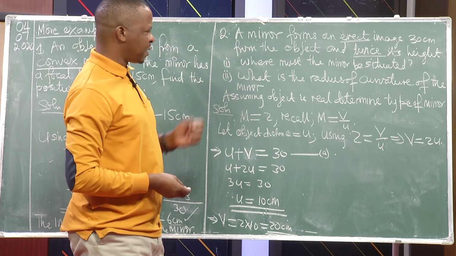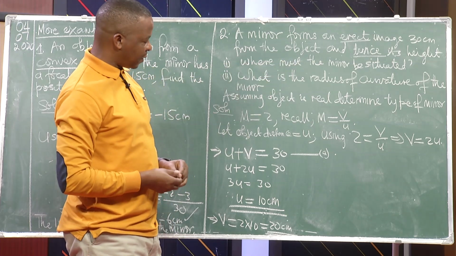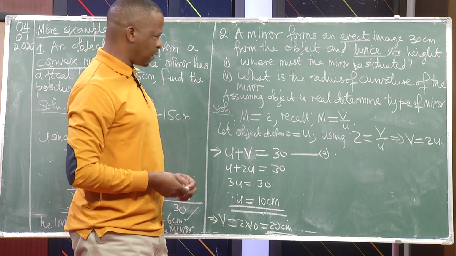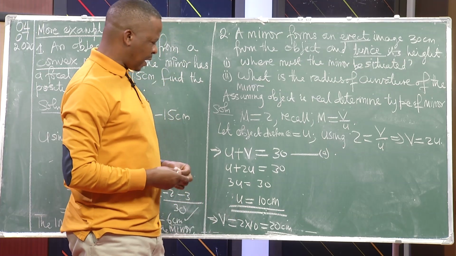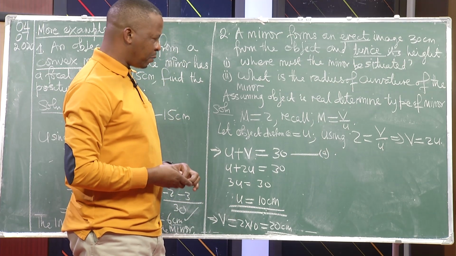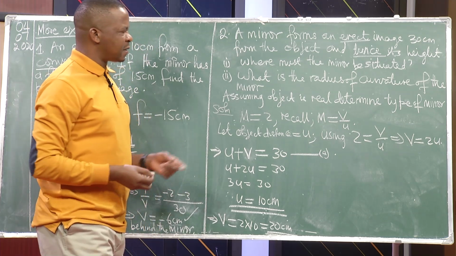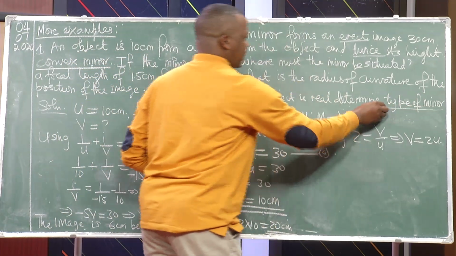If we determine the radius of curvature, then we can tell that the mirror is situated at a distance of the radius of curvature, or we can say it is situated at 10 centimeters from the object position. I can even answer this: what is the type of the mirror?